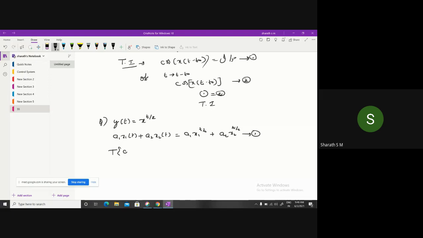Now if we apply the whole thing to the system, a1 T of x1 of t plus a2 T of x2 of t. Once you apply x1 of t to the system, it gives the output x1 power t by 2. Once you apply the input x2, it gives the output x2 power t by 2. So equation 1 is equal to 2. So it's a linear system.